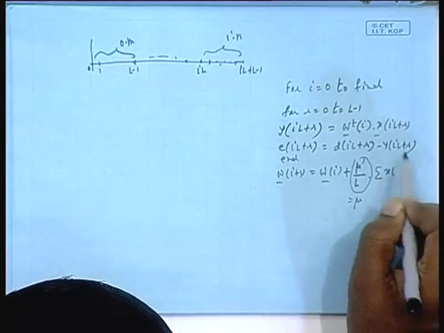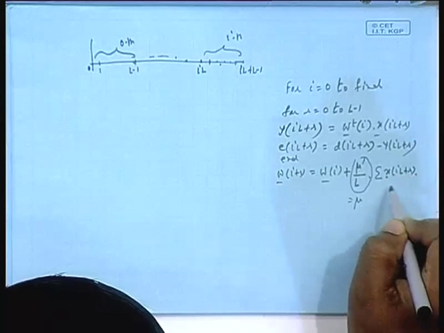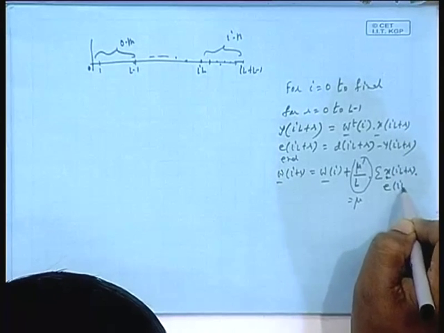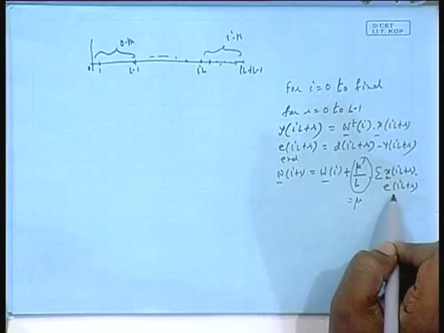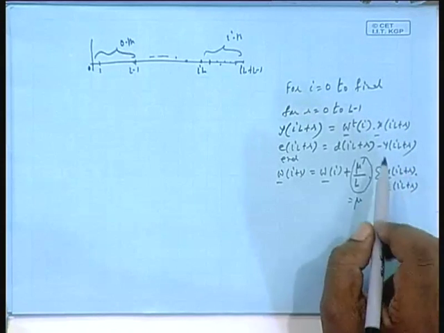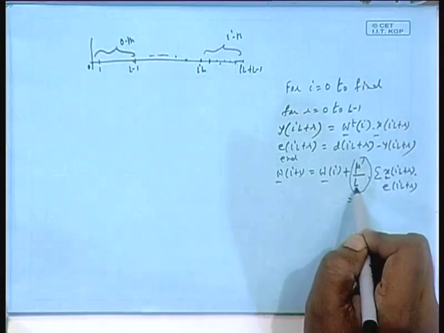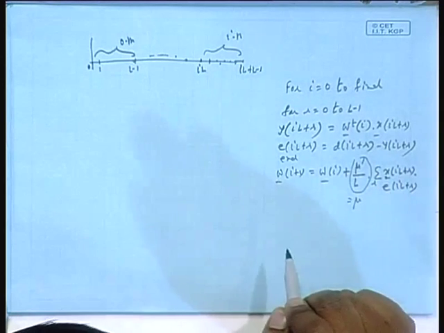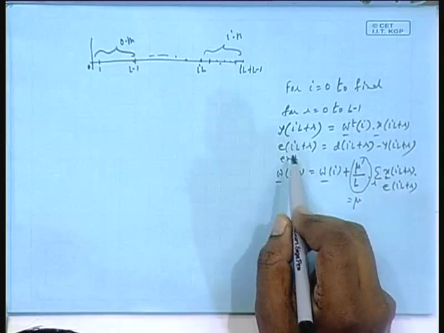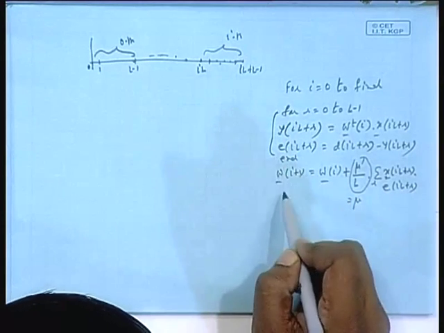Simply the data vector at each index IL plus R into the corresponding error. In the case of LMS, we had only one data vector multiplied by the error. Now, you have to do the same thing at all the points and averaging. That is why the L factor comes up. And here R equal to 0 to L minus 1. This is one loop and this is that loop.